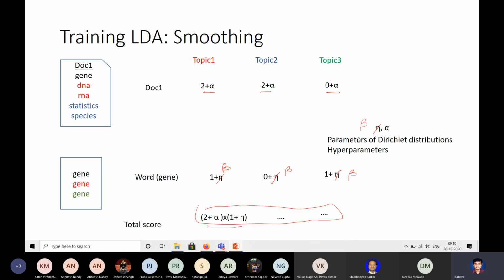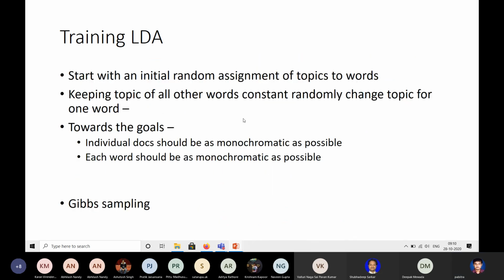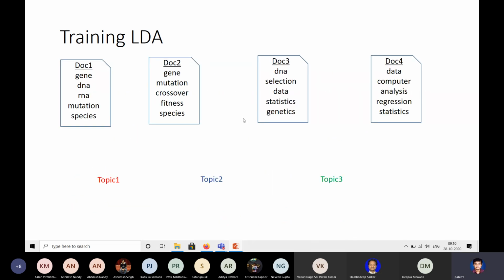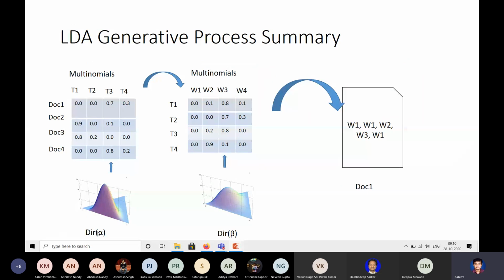This alpha and beta actually turn out to be nothing but the parameters of the Dirichlet distribution. To Dirichlet, you have considered alpha and beta. So this comes from the topic document Dirichlet and the word Dirichlet. So this alpha comes from this Dirichlet topic document, and this beta comes from this Dirichlet. So they control the sparsity.